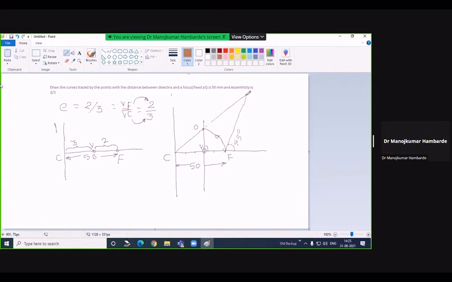Let this point be M. Okay. And then from this M, I will drop a perpendicular line. This is the perpendicular line. This point will be here.